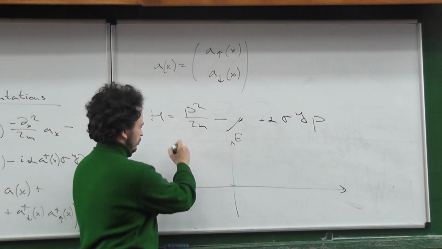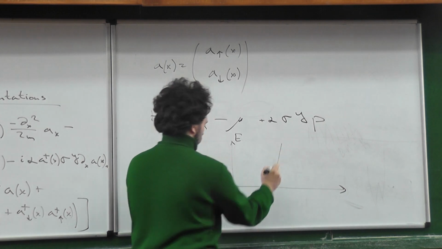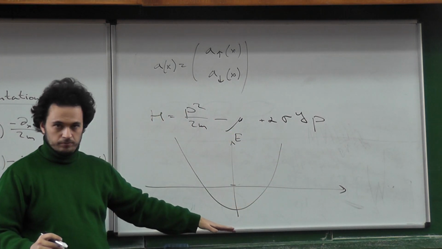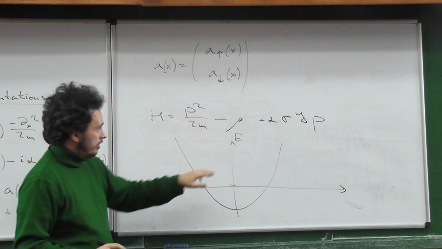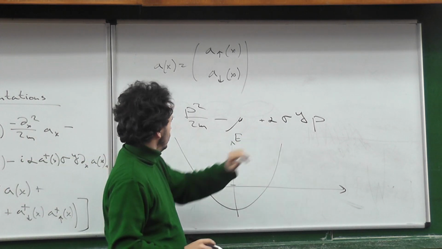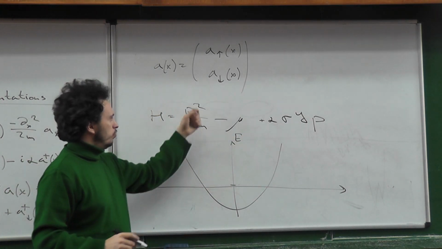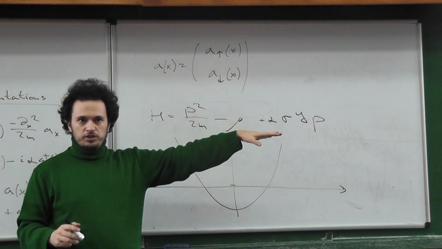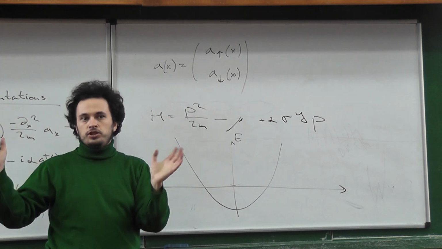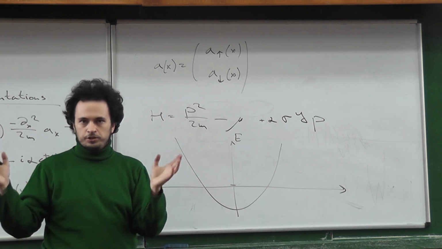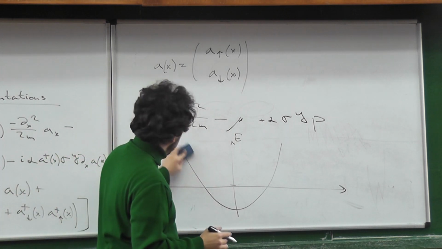Then I have minus mu, so I take this parabola down. Now I have these terms. Say I have p squared over 2m plus alpha p. What does it mean? It's like p plus something squared and some energy shift.